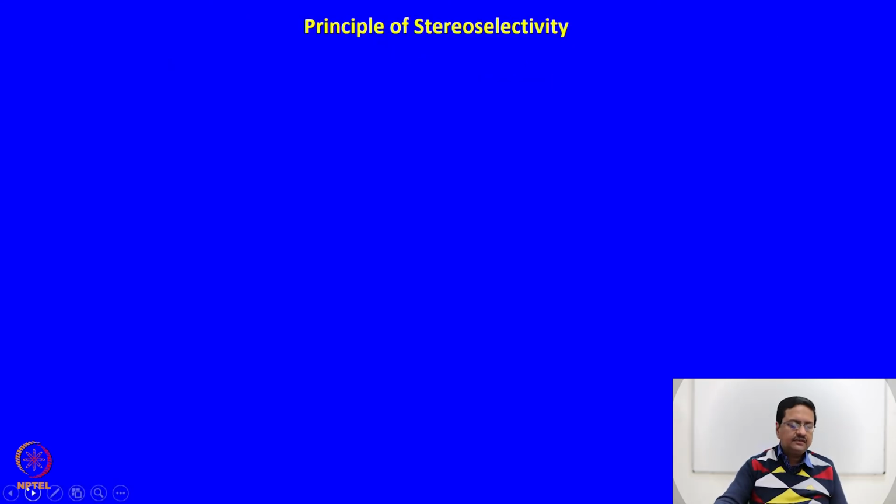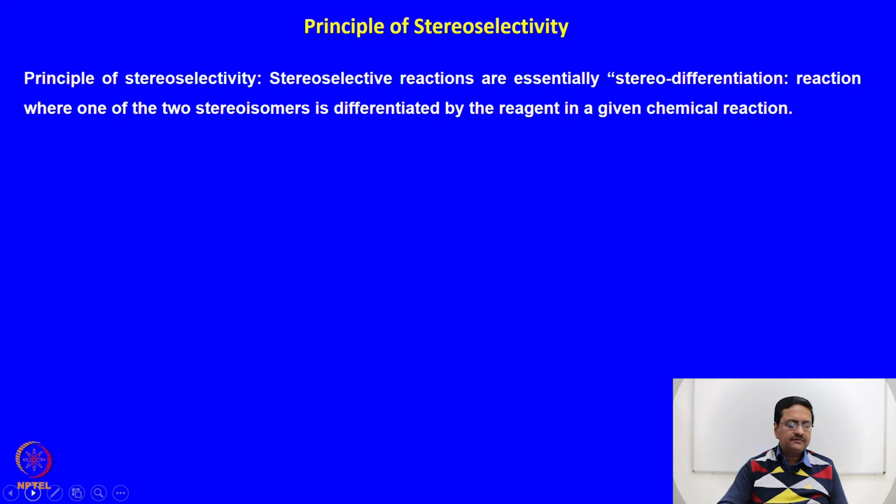So now let us try to understand the principle of stereoselectivity. Principle of stereoselectivity means that stereoselective reactions are essentially stereo differentiation reactions where one of the two stereoisomers is differentiated by the reagent in a given chemical reaction.